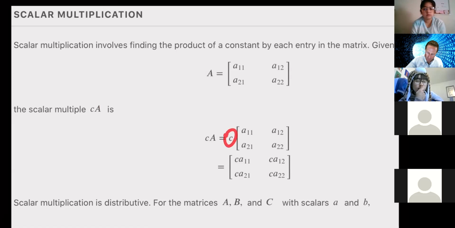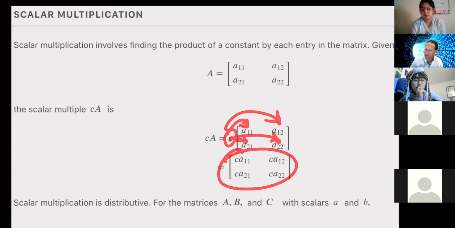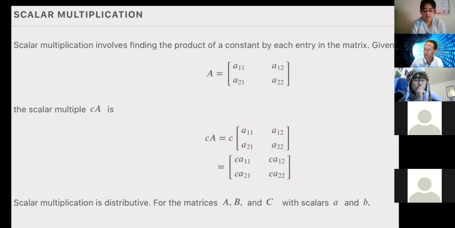Okay, all you do is take this and just like you would anticipate, you're going to distribute it to everything. It's that easy. Okay, so when I put 3A, what would you do to that and all of these numbers in here? Multiplying by 3. Multiply what by 3? Each element. That's it. Everything.